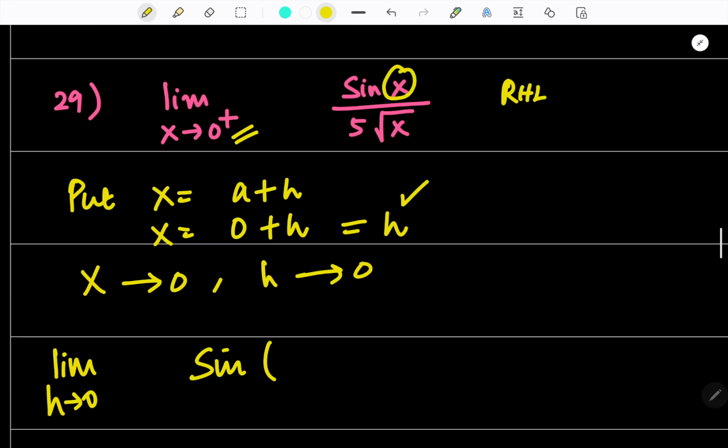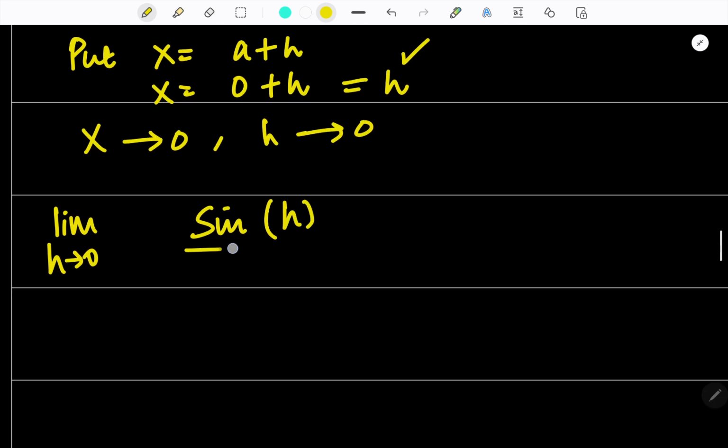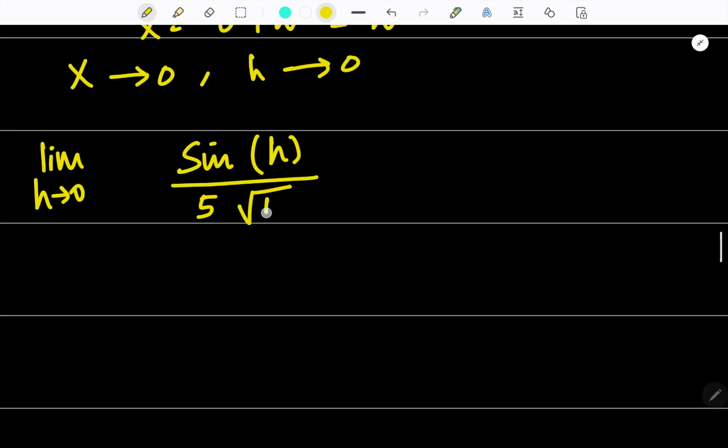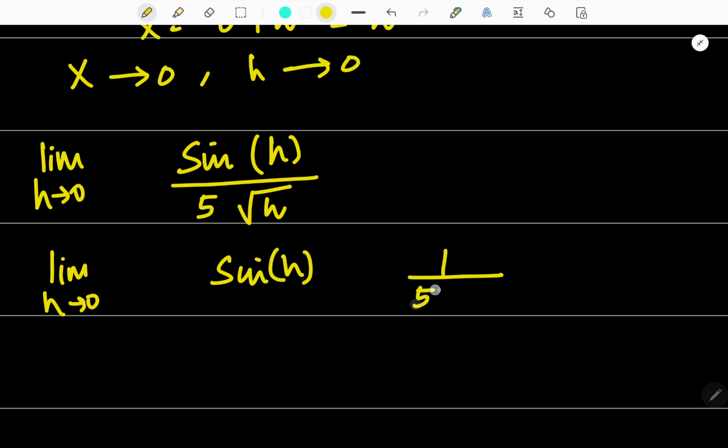So x we are going to put as h divided by 5 times, what is your root x? So it is root h. Now limit h goes to 0, right? Sin h I will write first, then I will write 1 divided by 5 root h.